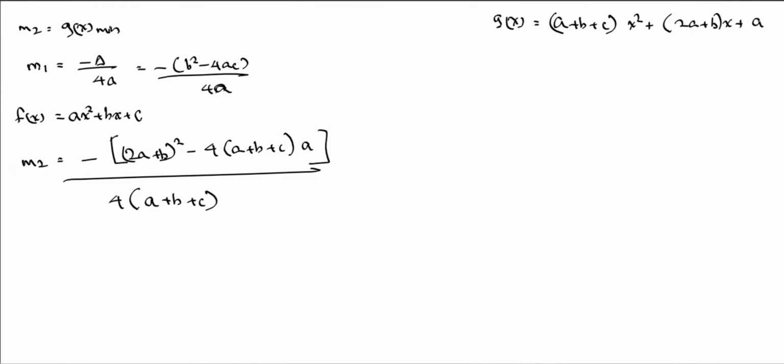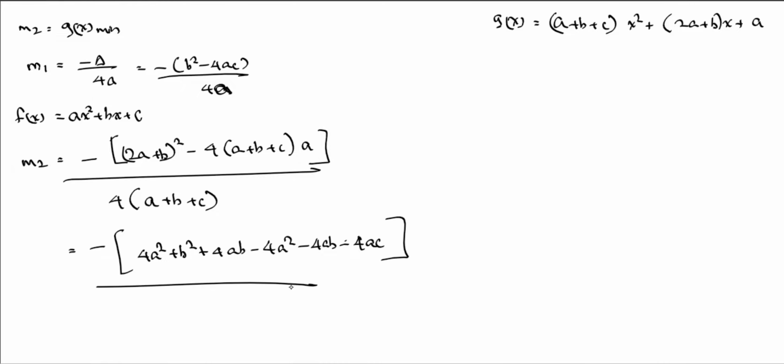This a comes because of this a, which means whatever comes here should be taken to this. Now you can simplify this: minus open brackets 4a squared plus b squared plus 4ab minus 4a squared minus 4ab minus 4ac, divided by 4(a plus b plus c). This is m2.